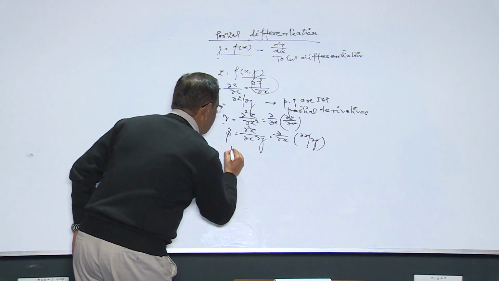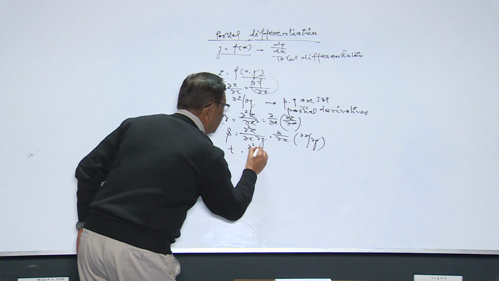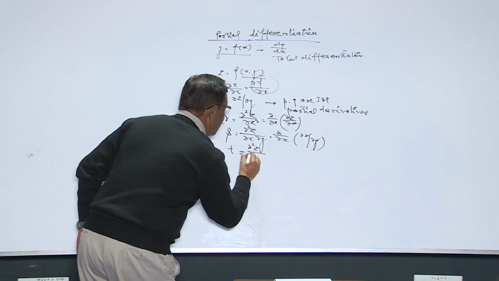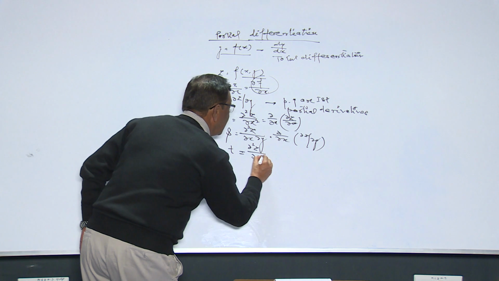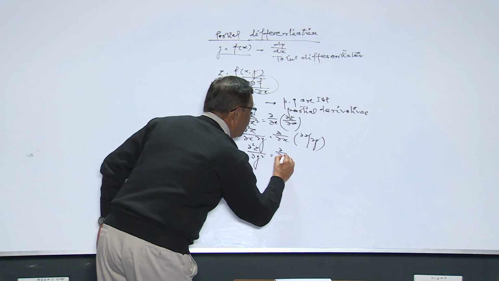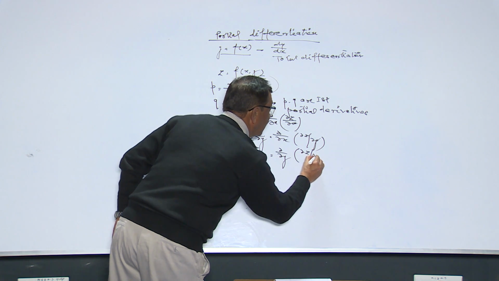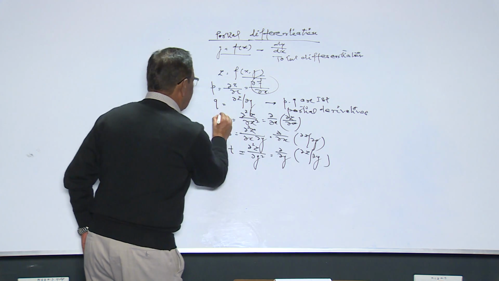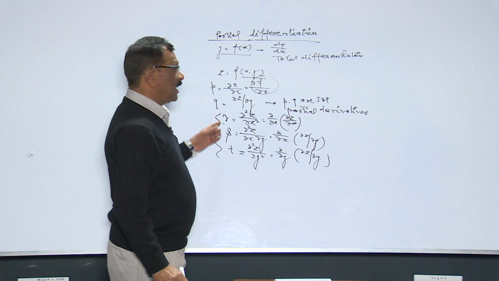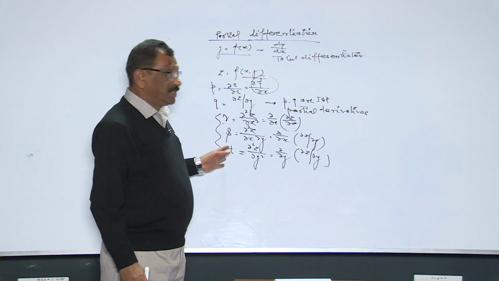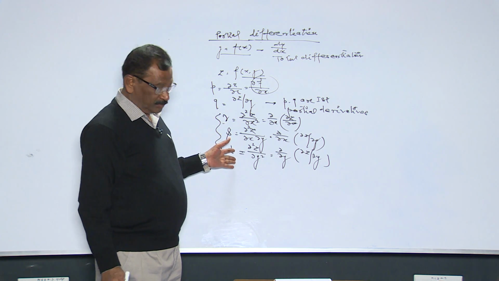And t is ∂²z/∂y², that is ∂/∂y of ∂z/∂y. These three, r, s and t, are called the second order partial derivatives.